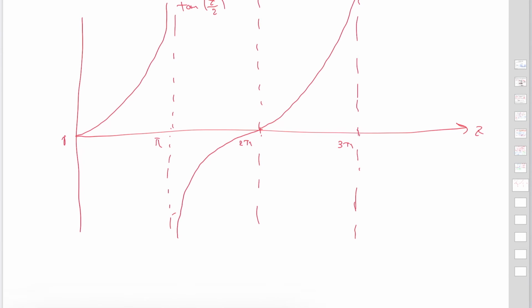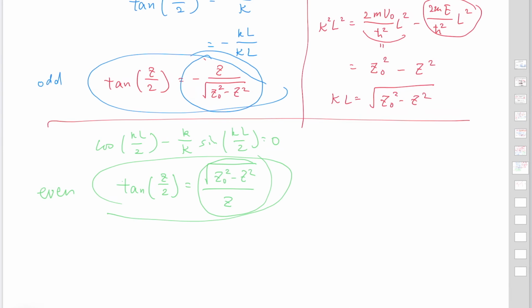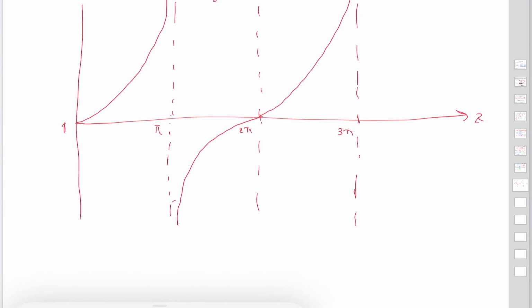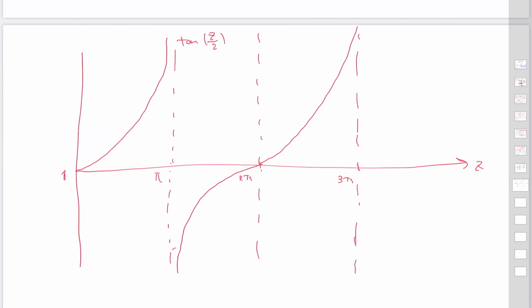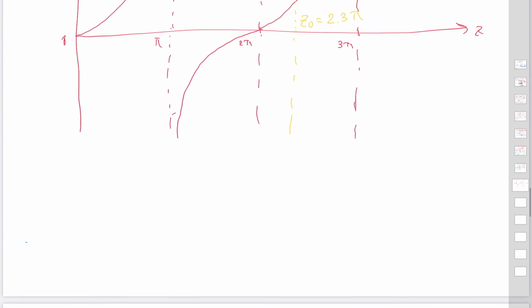Then we'd like to draw these functions. We'd like to draw g₀. You have to choose g₀ between these two points. You can consider, for example, g₀ in this situation, I choose 2.3π. You can choose any values. So in these situations, you can draw the blue curves.